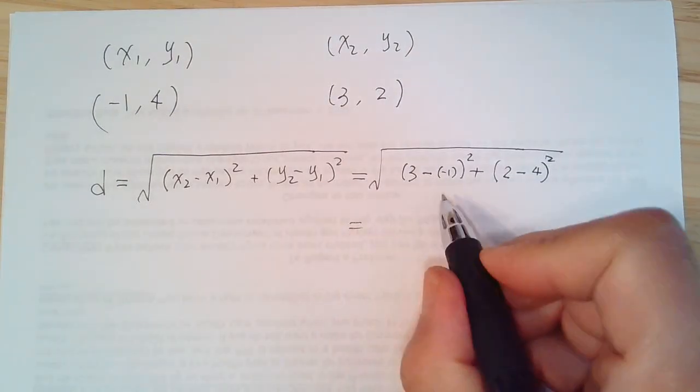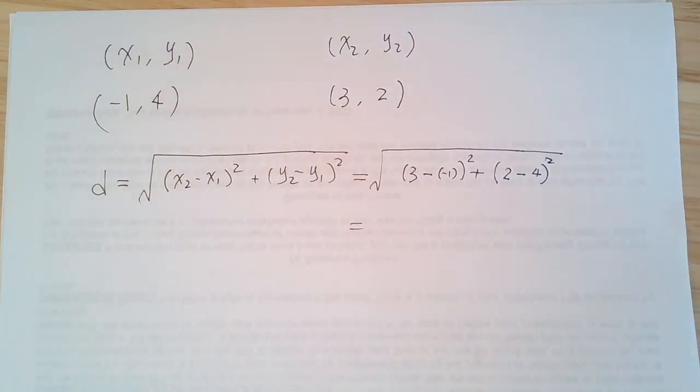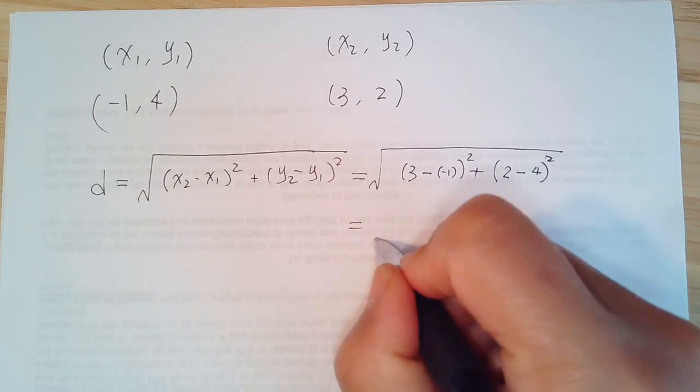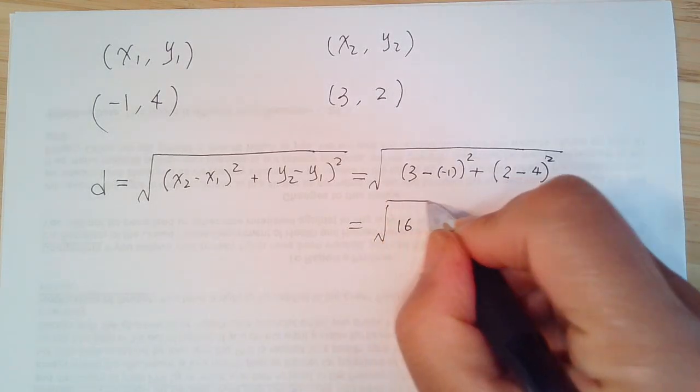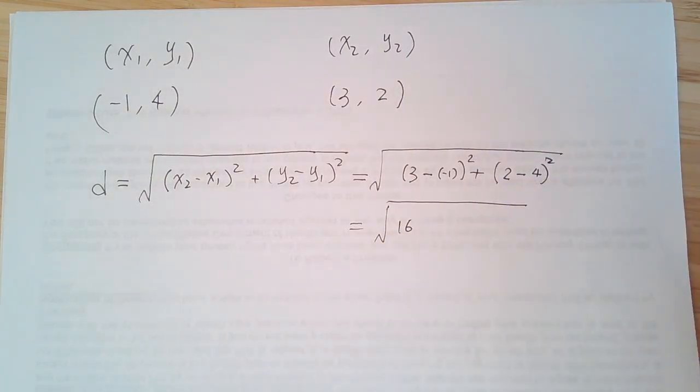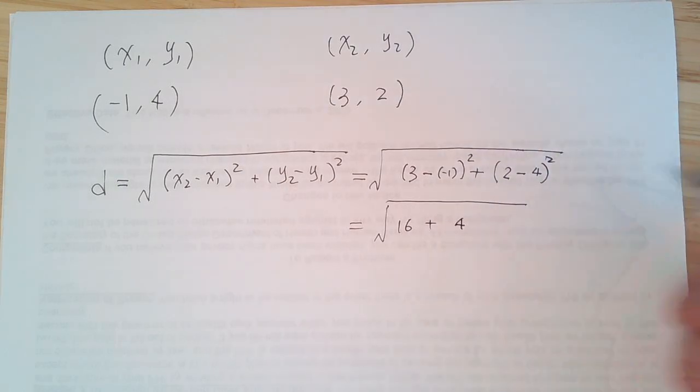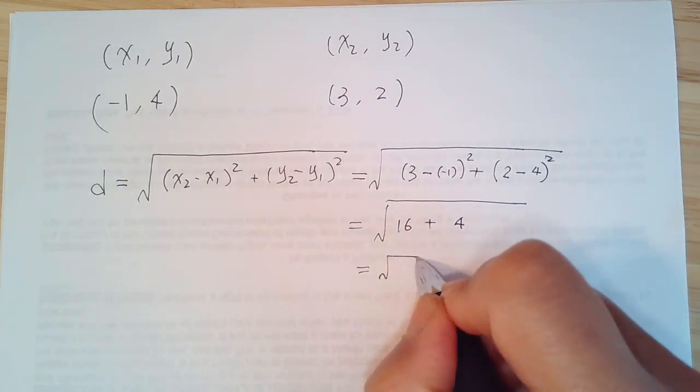The next one will be easy because 3 minus -1 is 3 plus 1, that's a 4, and 4 squared is 16. And 2 minus 4 is -2 squared, that is a 4. So you get 16 plus 4, that is the square root of 20.